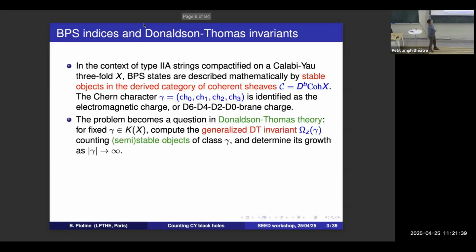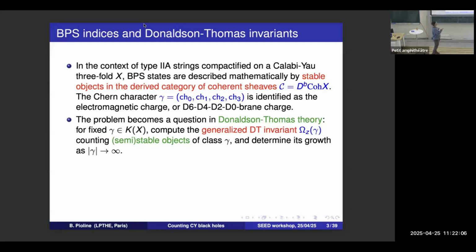So the problem now just becomes a purely mathematical one in Donaldson-Thomas theory. That is to compute, so you fix the Chern character. That's in physics the vector of electromagnetic charges. There are both electric and magnetic, and many of them, not just like in the standard model or in Maxwell theory.